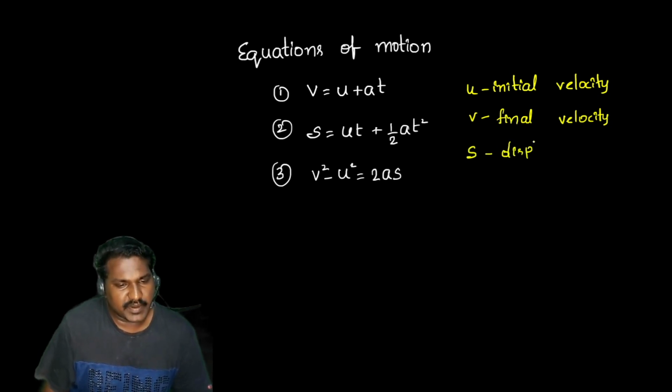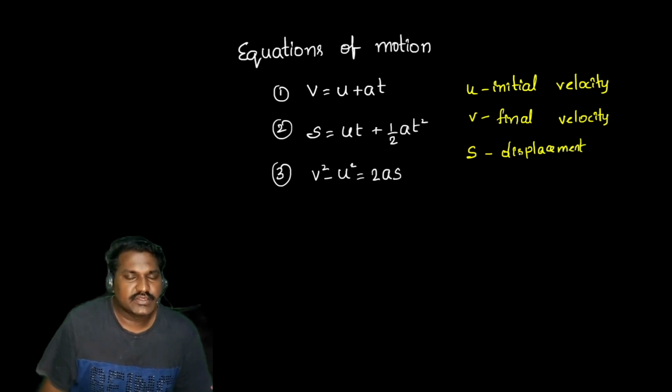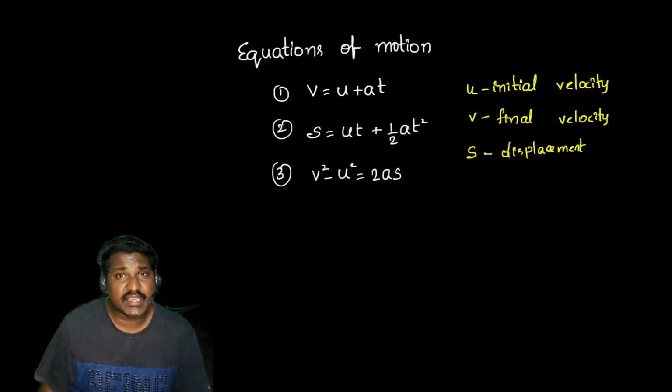Don't think that S stands for speed, because the first letter of speed is S. Here we assume that S is displacement or sometimes distance. For distance and displacement we use the same letter S, but commonly it is used for displacement, not for velocity. Don't ever remember the symbol of speed as S. S stands for only displacement.